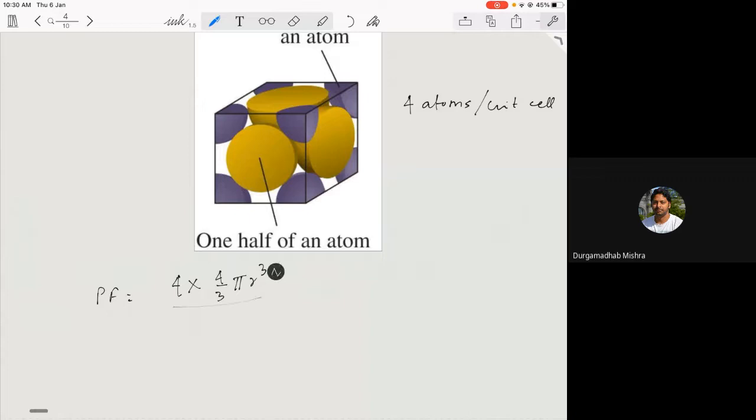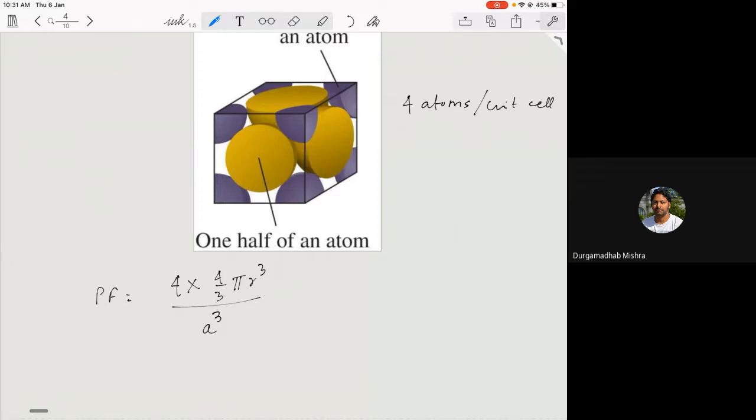And since it is a cube, the volume of the unit cell will be a cube, where the cube side is a. So this is what the packing fraction would be.